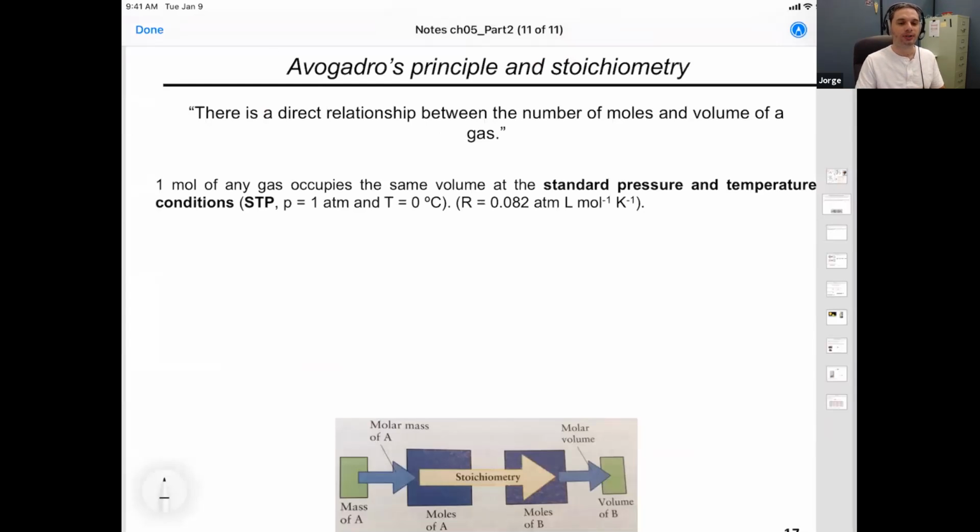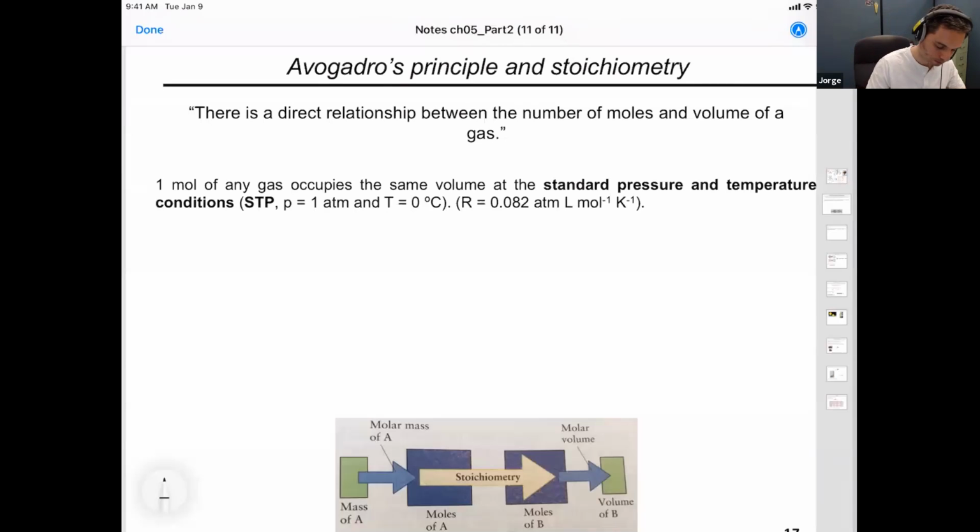In other words, no matter the identity of the gas, 1 mole of gas occupies the same volume at standard pressure and temperature conditions, also called STP, which are 1 atmosphere, or sea level, and a temperature of 0 degrees.